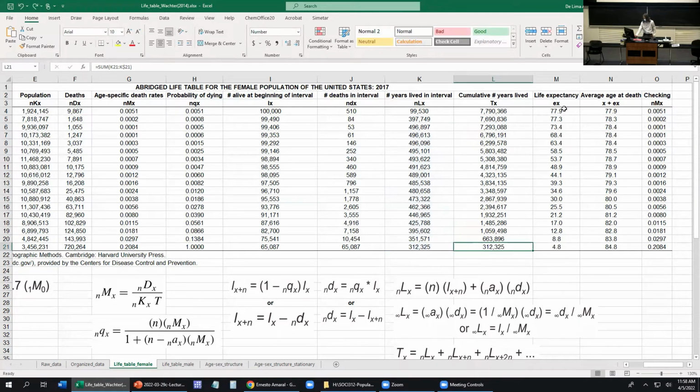And life expectancy at birth, what I told you guys before: if I want to know the average age of you guys here, 3, 6, 9, 10 people, I add all your ages. What are your ages? The overall number of years that you live throughout your lives. And the years that you lived is similar to the same years that the other people lived: 2021, 2020, 2019, 2018, and so on.